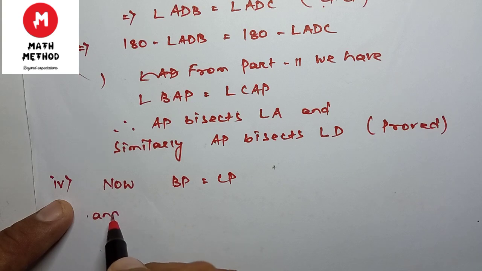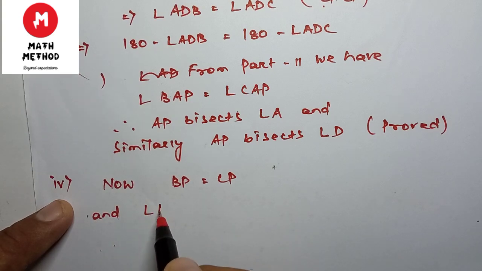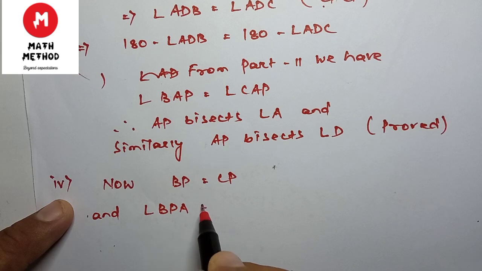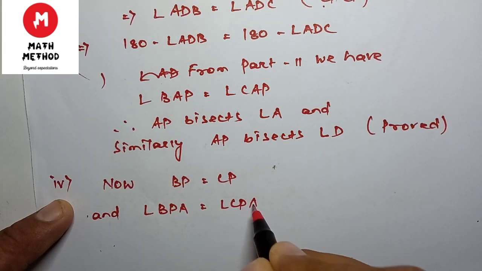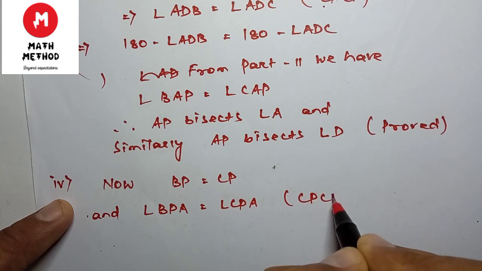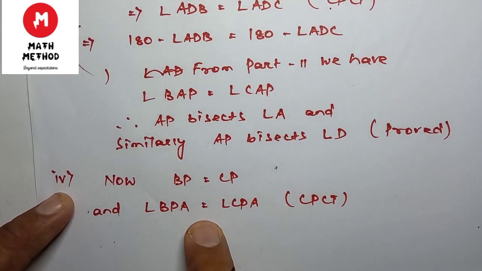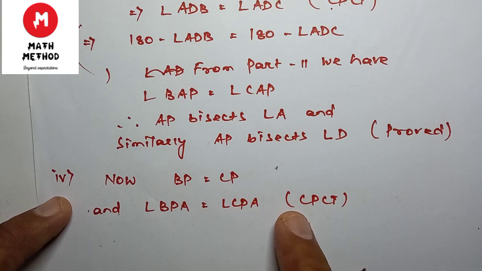Triangle BPA is equals to triangle CPA by CPCT. We know that triangle BPA is equals to triangle CPA.